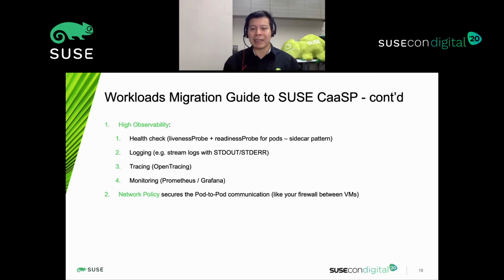Last but not least, if you want to secure the pod-to-pod communication, just like the firewalls in the virtualized environment, you may also want to implement the network policy along with your applications. Hope this guideline will help you to migrate your workloads successfully into the SUSE container application platform.